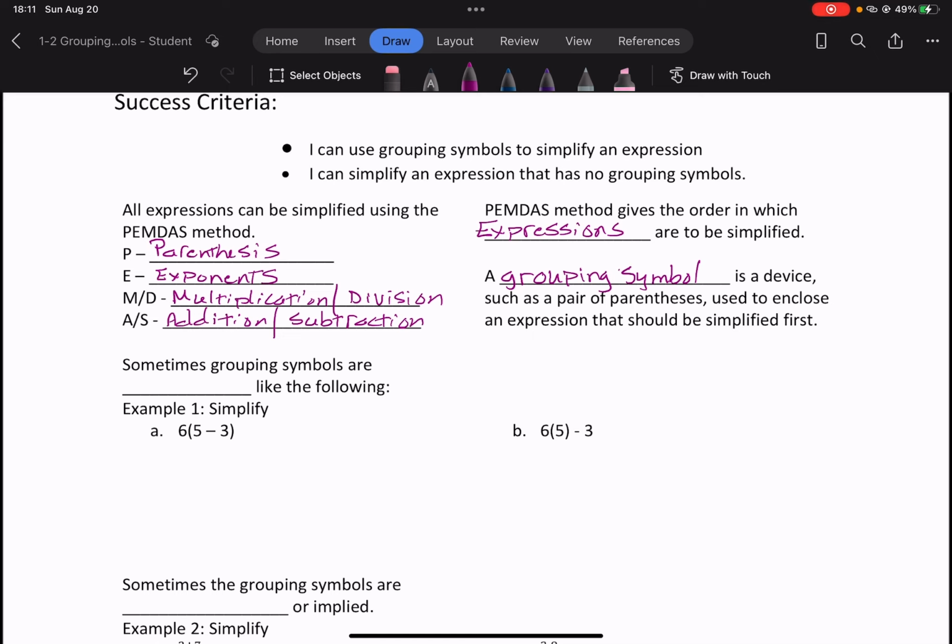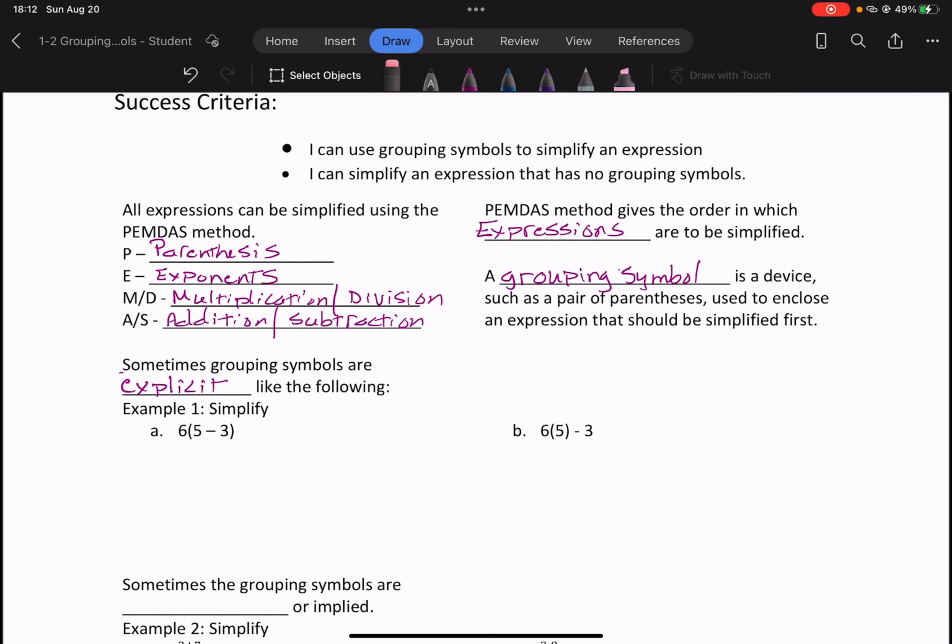Sometimes our grouping symbols are explicit, meaning they're out in the open. Like in the following, look at A and B. Notice that we actually see the grouping symbols, and it tells us what we need to simplify first.